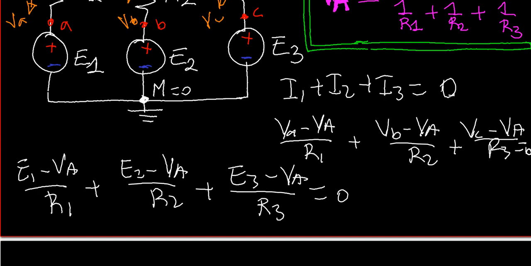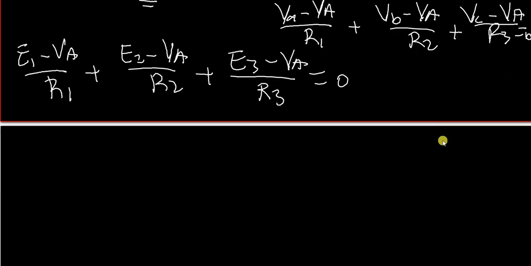Knowing that, we discover that we have the common terms here, which is VA, VA, and VA here. So we can expand it and put it in the same factor. Let me change the color of the pen.